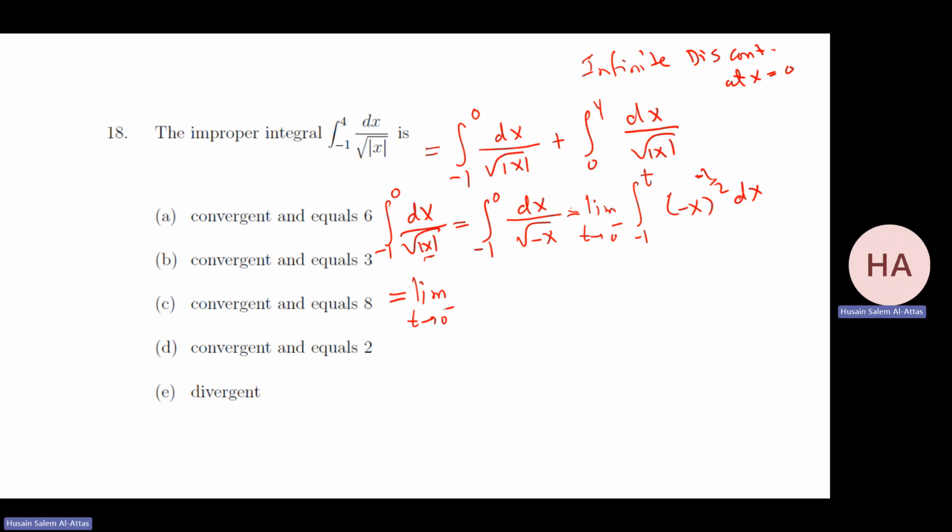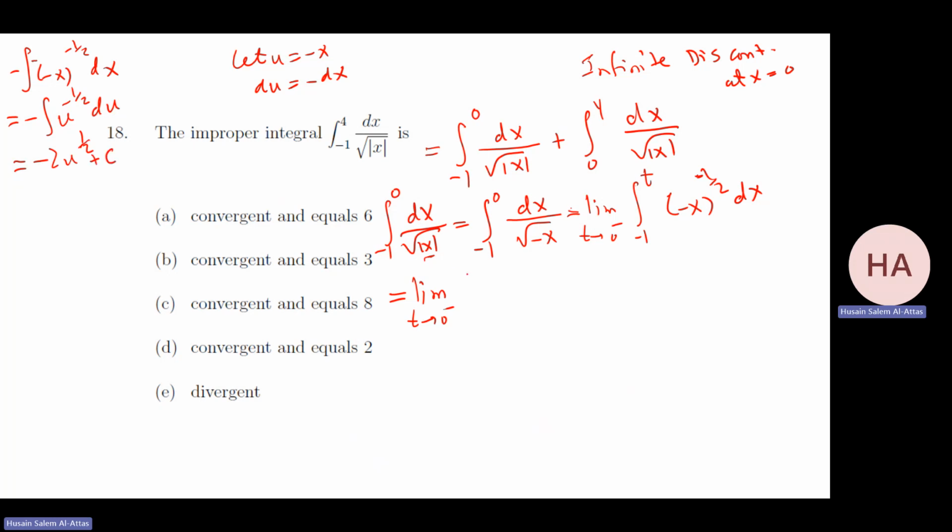So let me do this integral especially to be sure I did not make any mistake. Let u equal minus x, du will be minus dx. So I need minus and minus. That will be minus u to the power minus half du. That will be minus, you add 1, 2 u to the power half plus c.